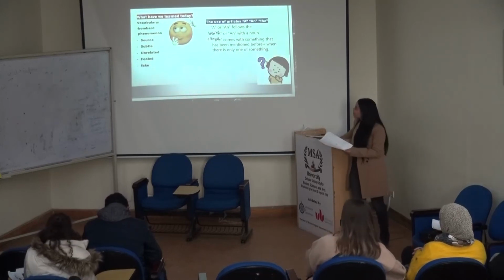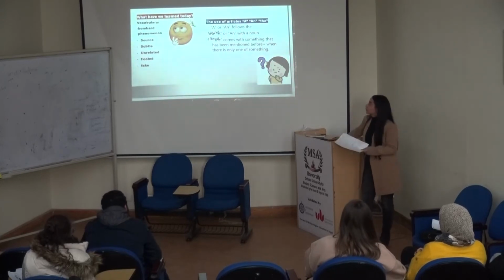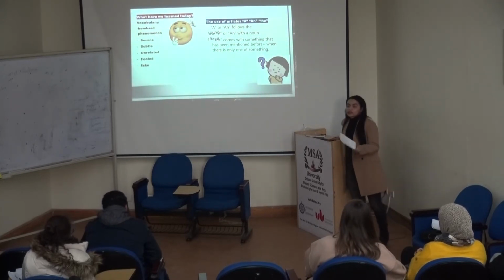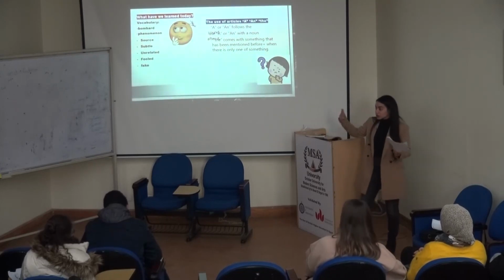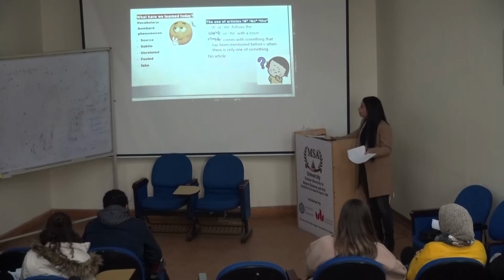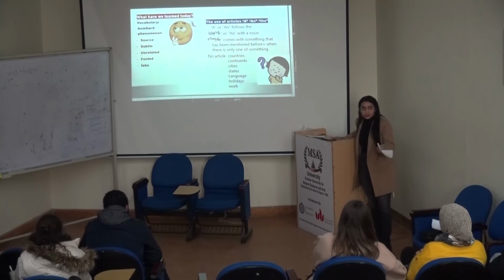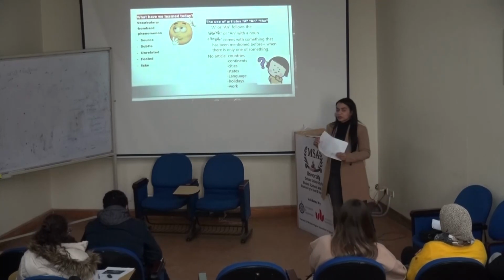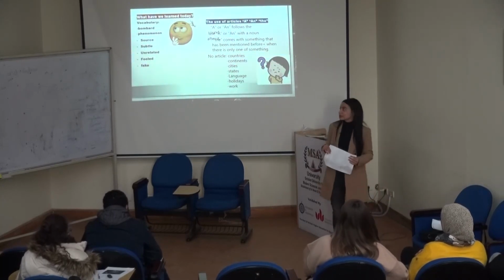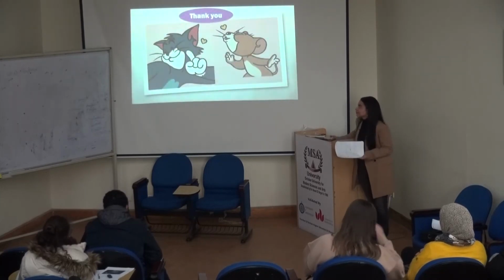The comes with something that has been mentioned before, and when there is only one of something, such as the moon, the sun, the universe. We also said the comes with countries, cities, languages, but we said countries except the USA and the UK. And languages, holidays and work. Yes, and that's it. Thank you.